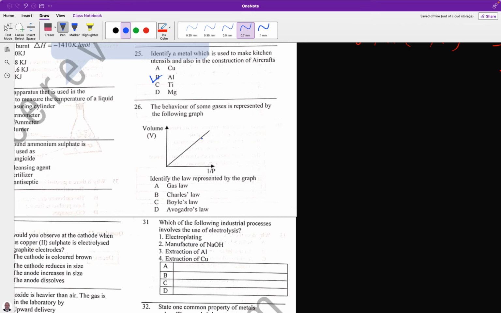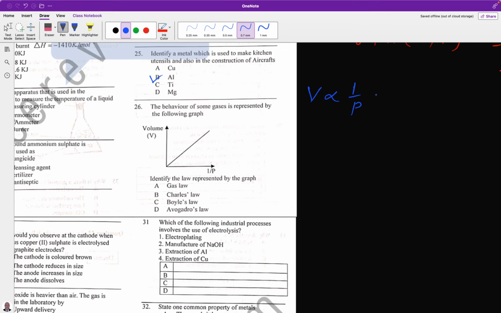This is how he puts it: V is directly proportional to 1 over P.